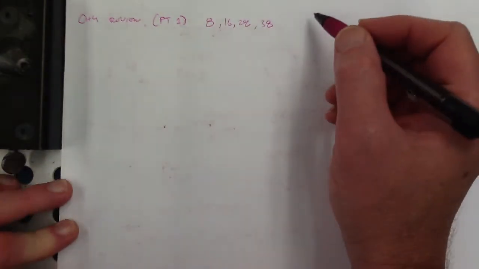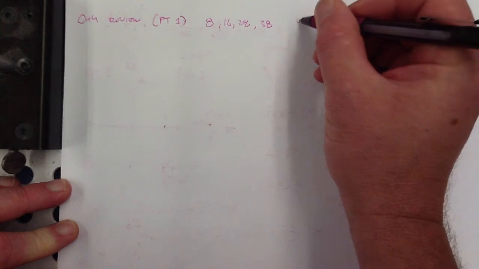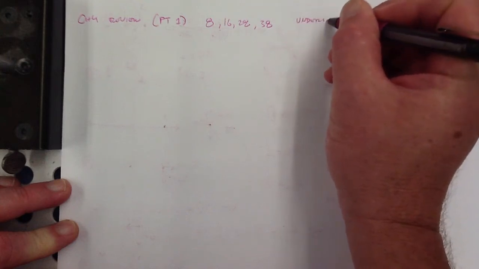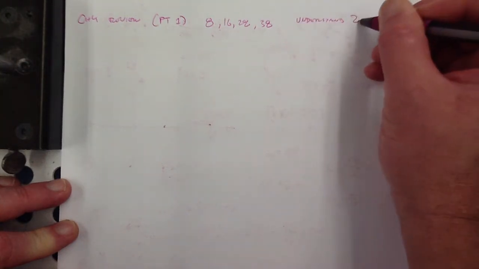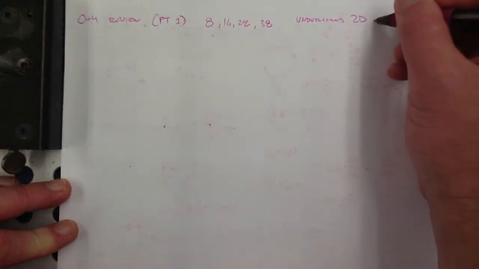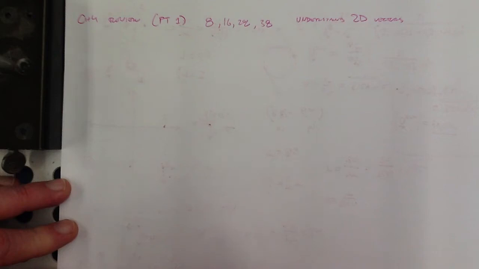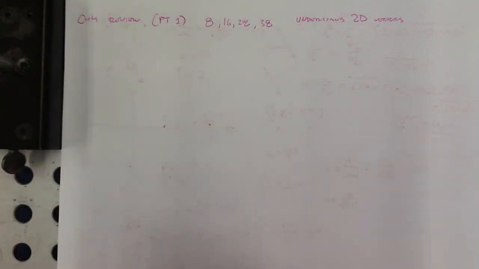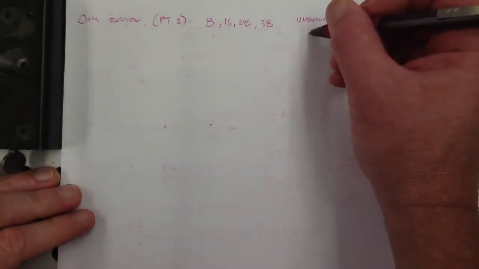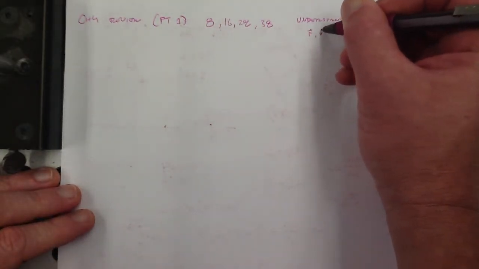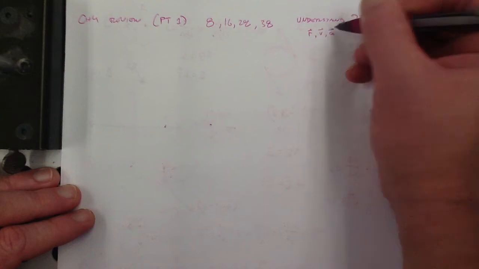The first part is just understanding 2D vectors, and in particular the motion vectors, or the position, velocity, and acceleration.